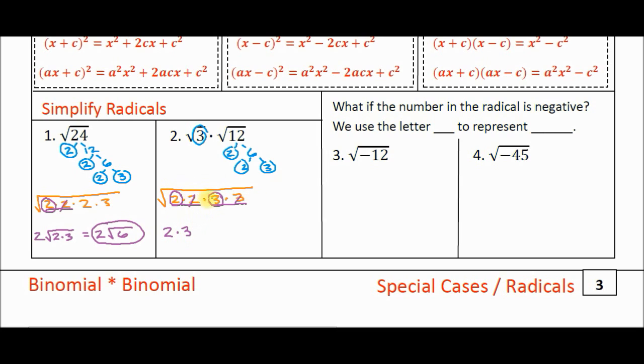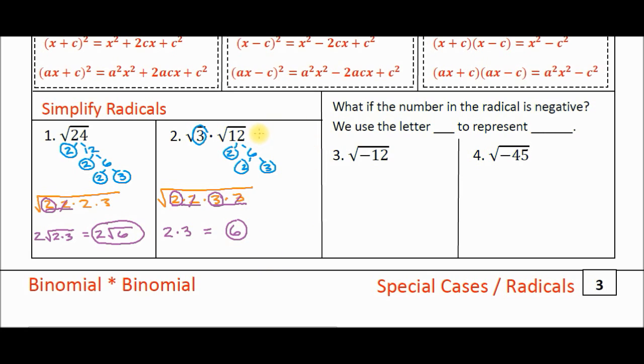Oh, take a look. There are no numbers left inside the radical. So the radical goes away. If all of the numbers either escaped or got eliminated and there's nothing left, over here 2 and 3 were still in the radical. Over here there's nothing left in the radical. All we have to do then is multiply 2 times 3. And when we simplify square root of 3 times the square root of 12, we just get 6.